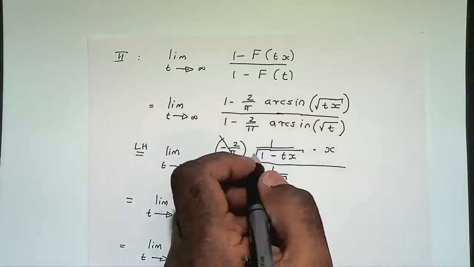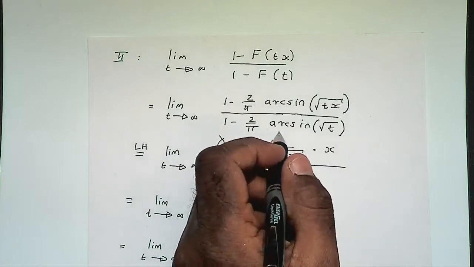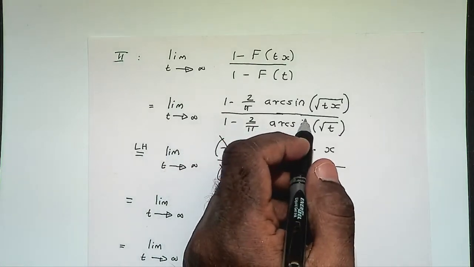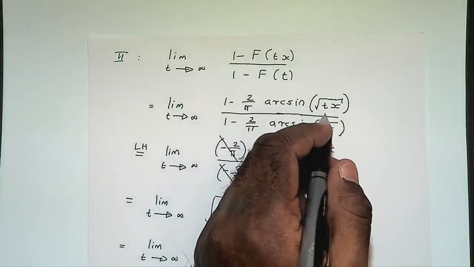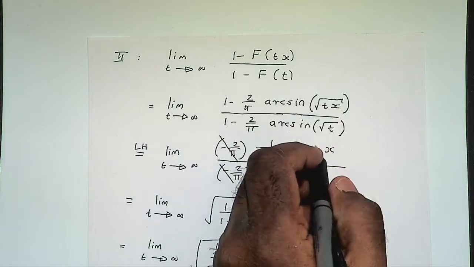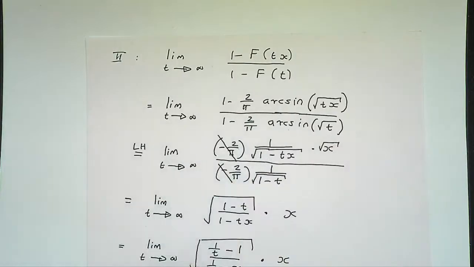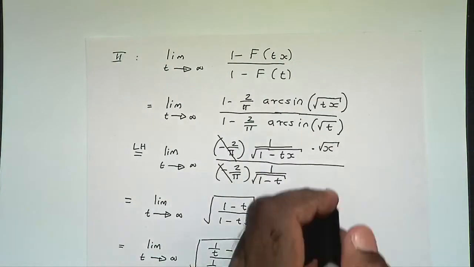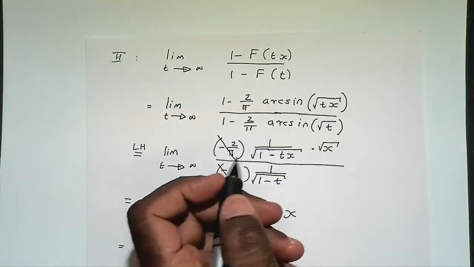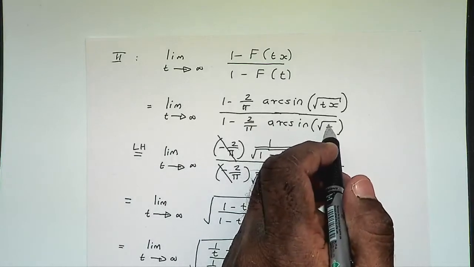So the derivative of this with respect to t is going to be root of x. So even the first one I guess is wrong also.